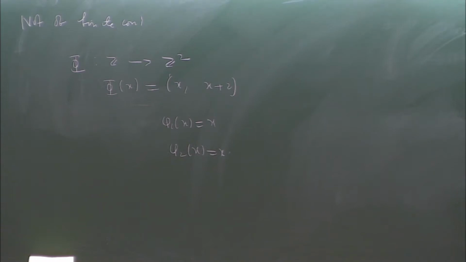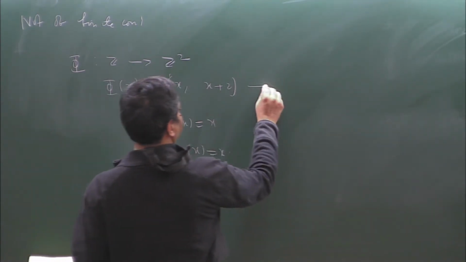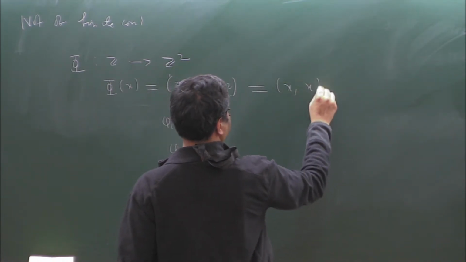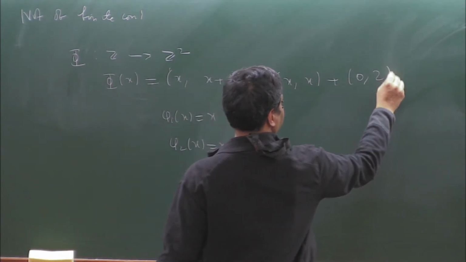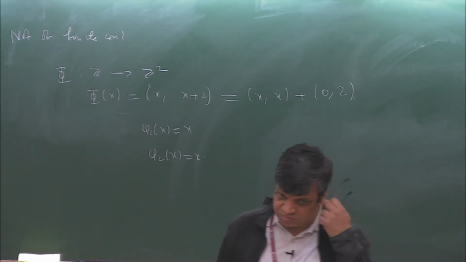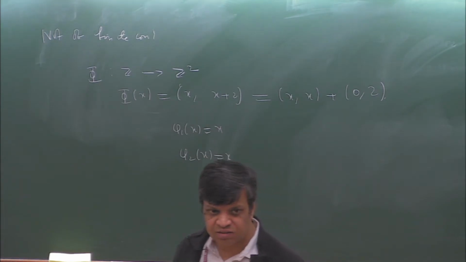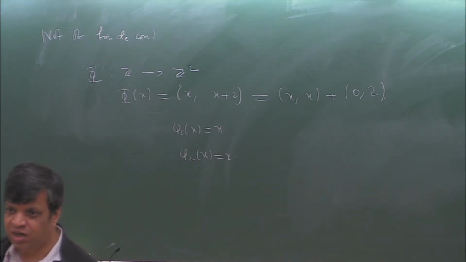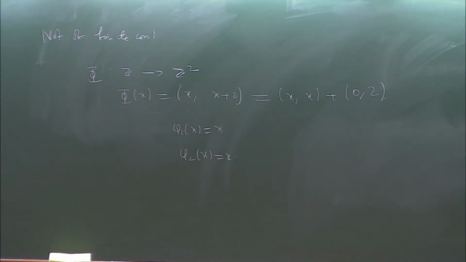This is the linear part, x and x plus 0, 2. So the linear part of both of them is the same, so this is not of finite complexity.